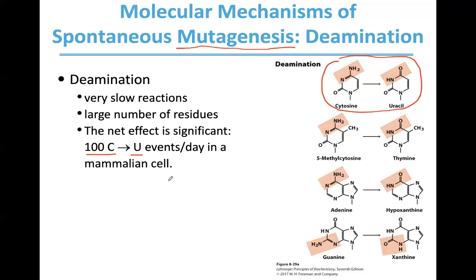The first one is a very interesting one. Here we have cytosine undergoing deamination. NH2 will be lost and a carbonyl will be gained. Basically, it's a hydrolysis reaction. Since DNA is swimming in water, there are lots of water molecules which can cause this deamination to occur.